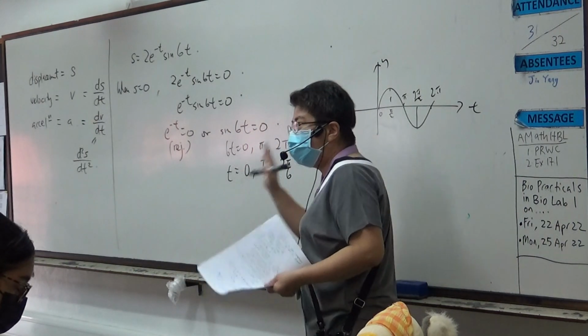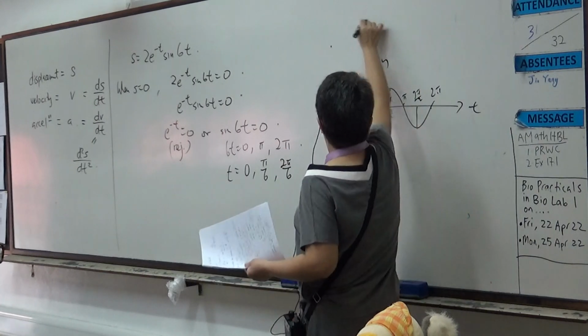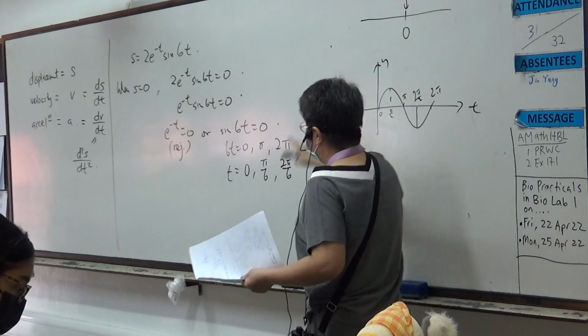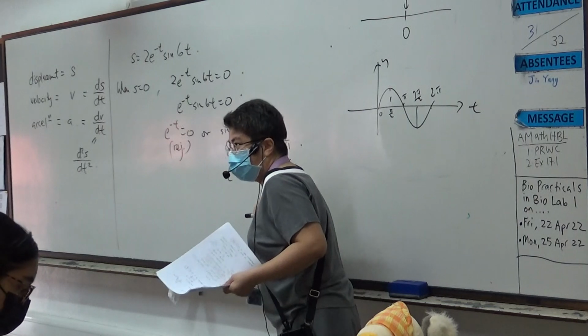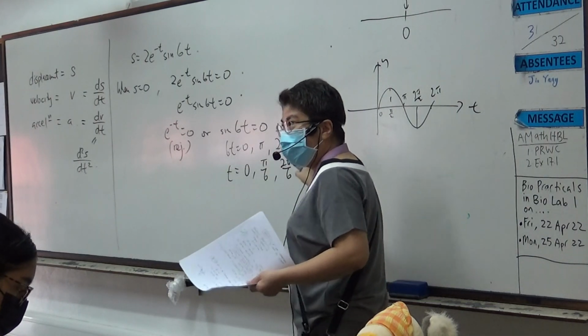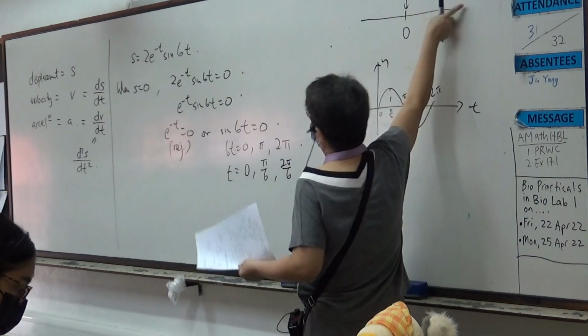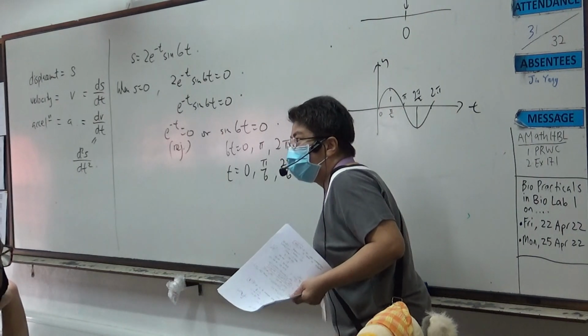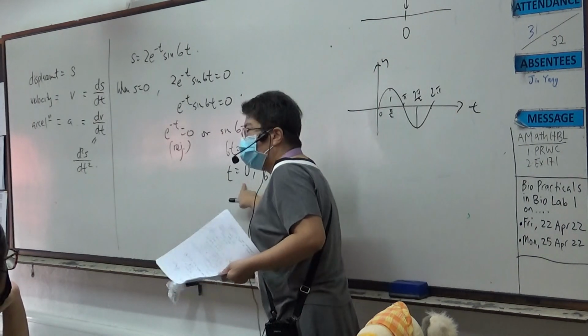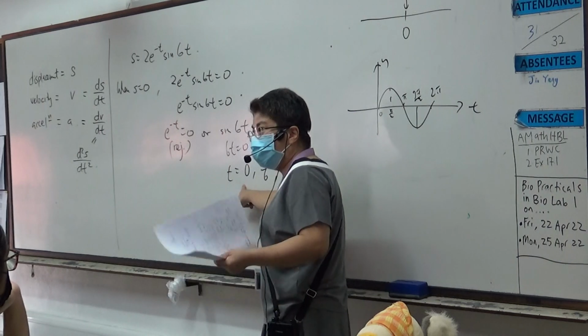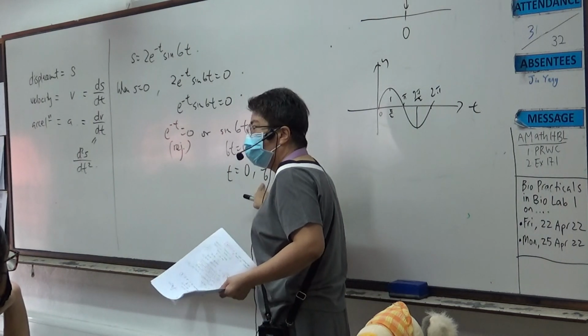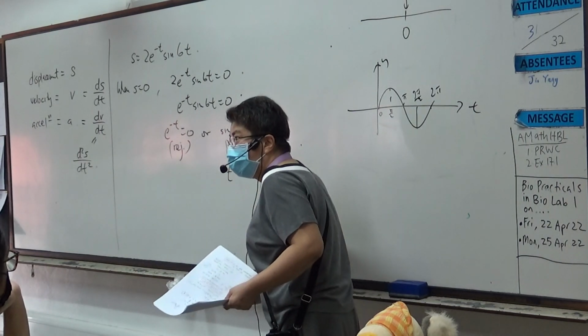That means the displacement is 0 when t is 0, pi over 6, and so on. That means it will go like that. Can you see it? But we cannot take this one because it's the initial position. So when is the first time? This one. This is the second time. Do you understand?